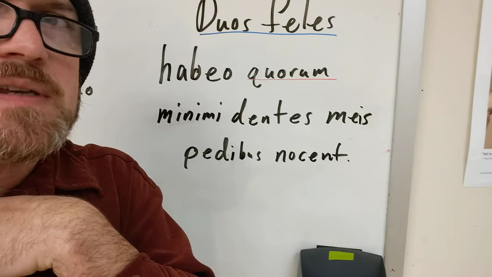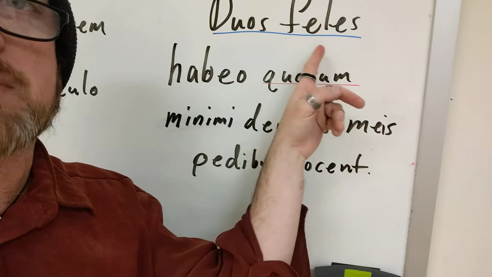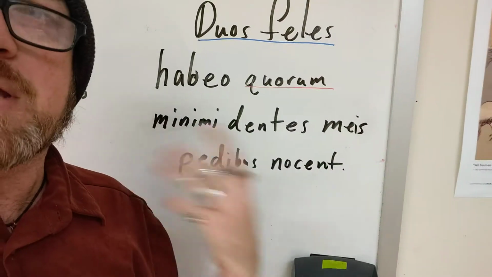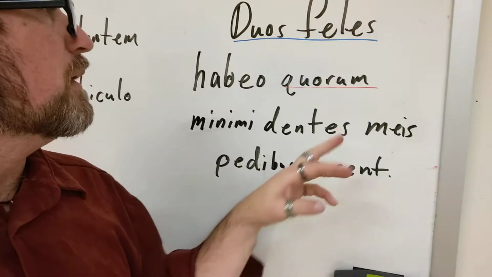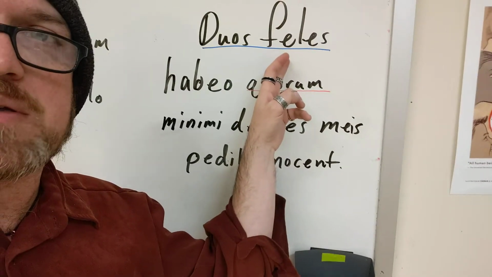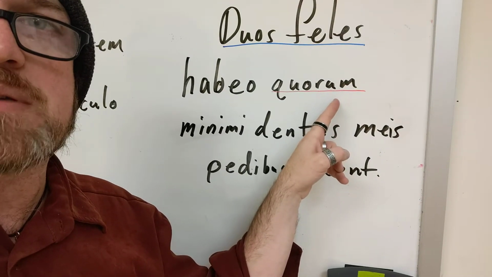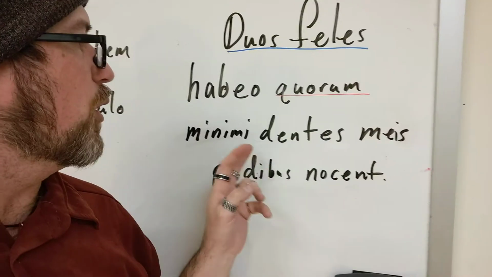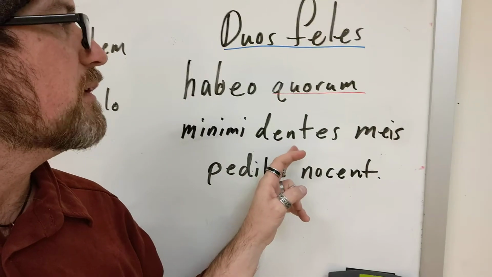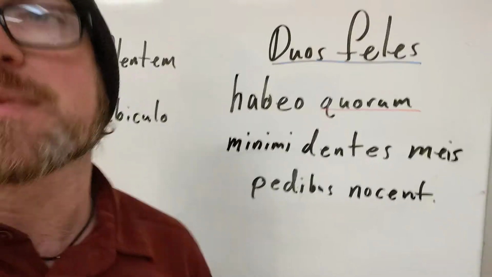But that would have to be singular, and quorum is plural. It's plural and masculine, so it is describing the two cats, who are plural and masculine, right? And here it's genitive. The two cats were the direct objects of the main clause, but here it's genitive because it is showing possession over their tiny teeth. Whose tiny teeth hurt my feet?